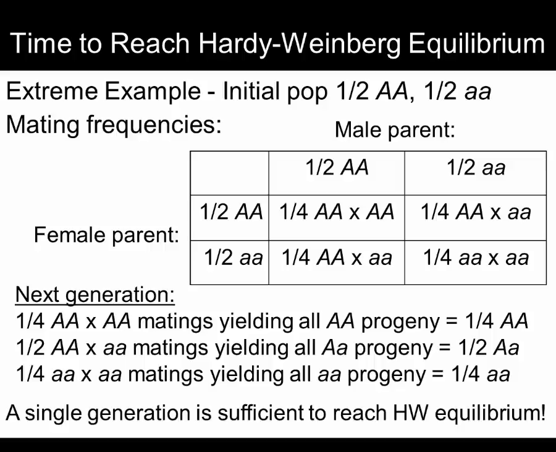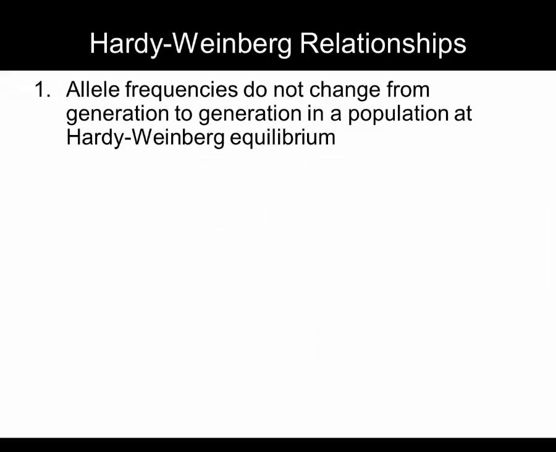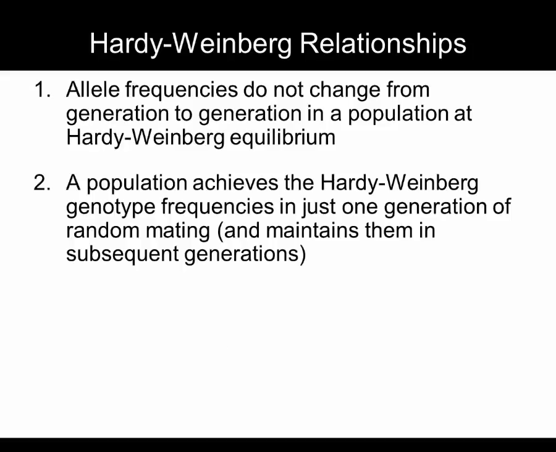After just 1 generation of random mating, we're at Hardy-Weinberg equilibrium. So at Hardy-Weinberg equilibrium, the allele frequencies should not change from generation to generation. A single generation of random mating will bring a population to Hardy-Weinberg equilibrium, and it will stay there through subsequent generations as long as the assumptions we talked about aren't violated.